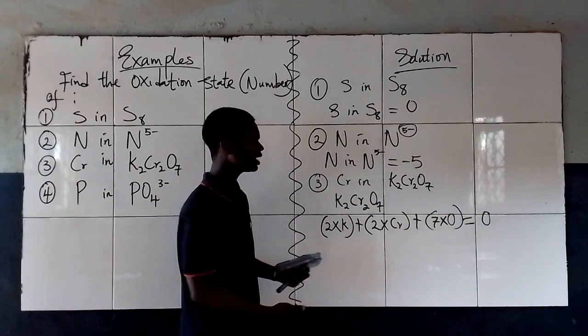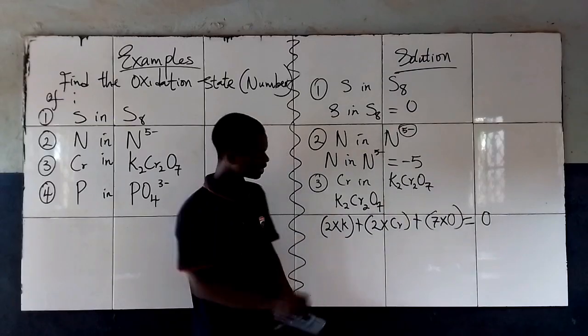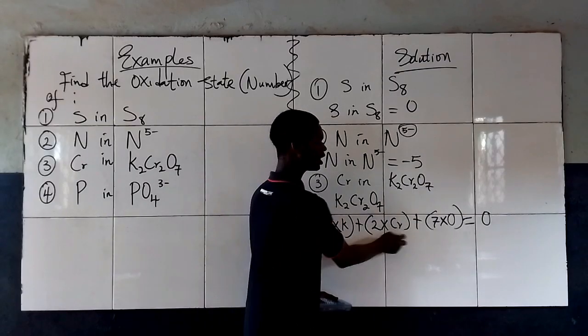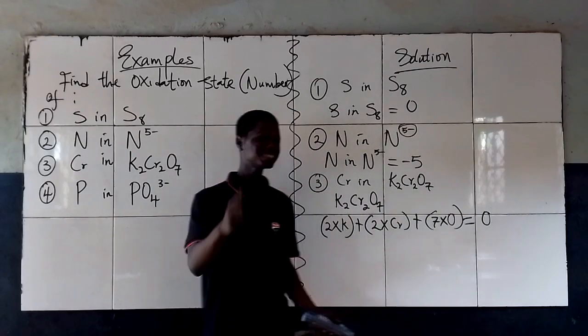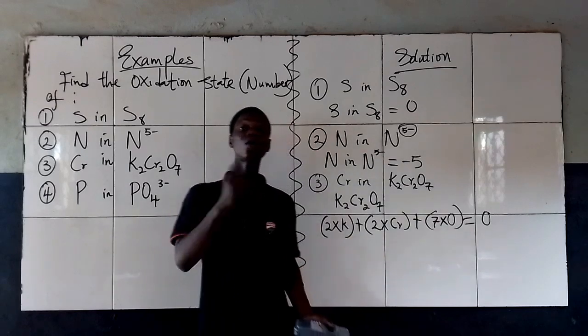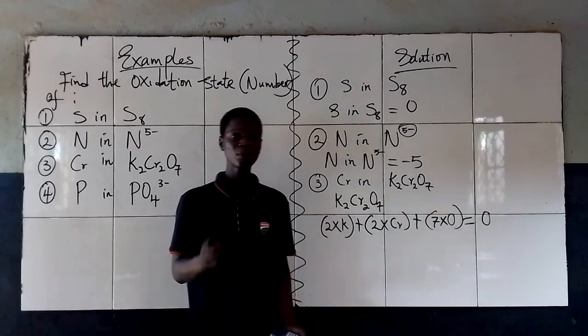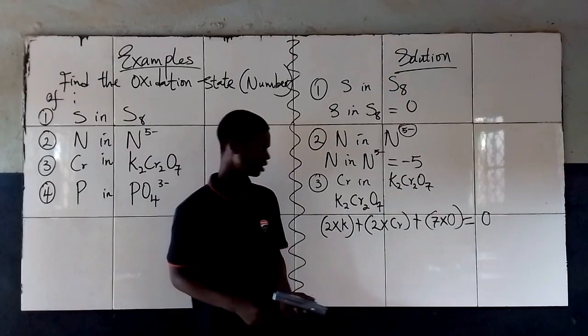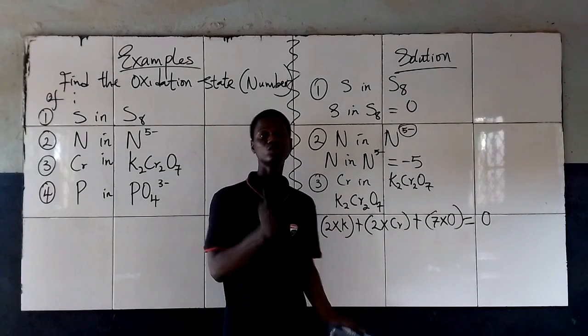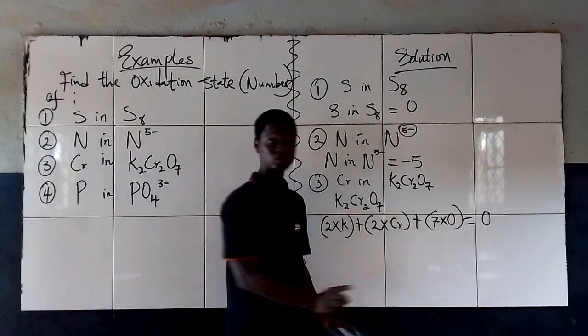Now you have succeeded in expressing it out. Now each of these elements, K, Cr, and O, we will be replacing with their common oxidation number. Now mind you, chromium is what we are looking for, so we'll leave it the way it is because we don't know it yet.